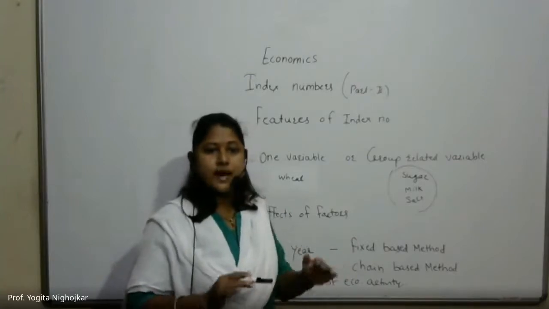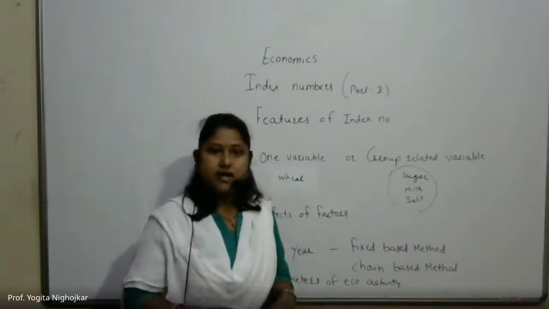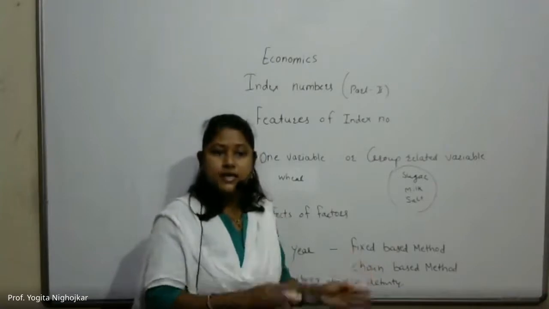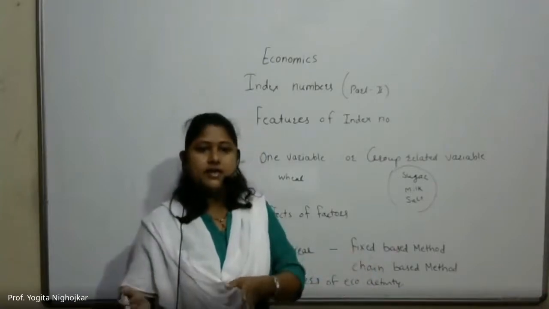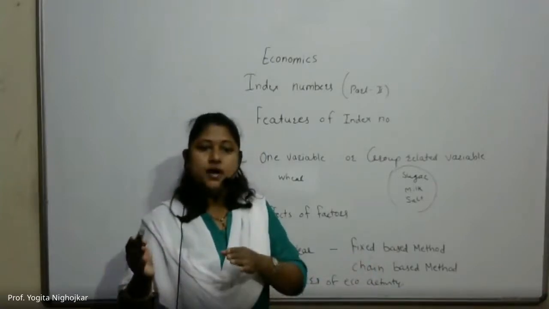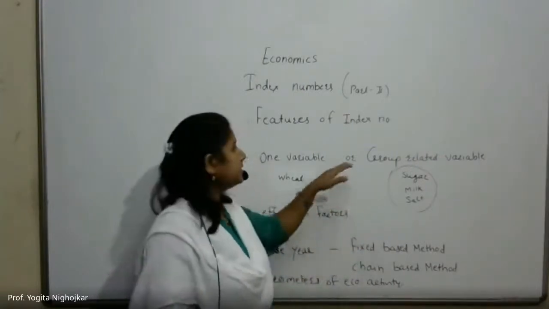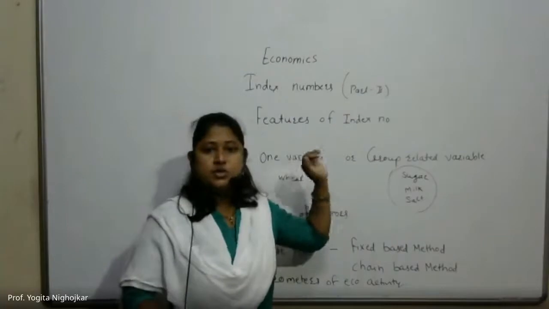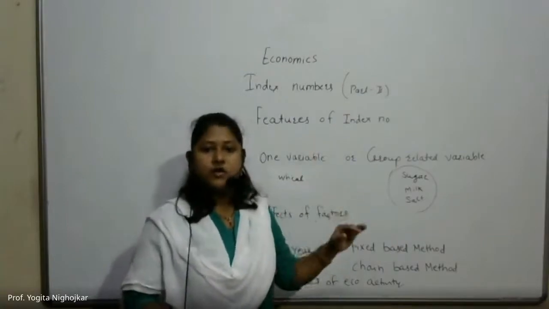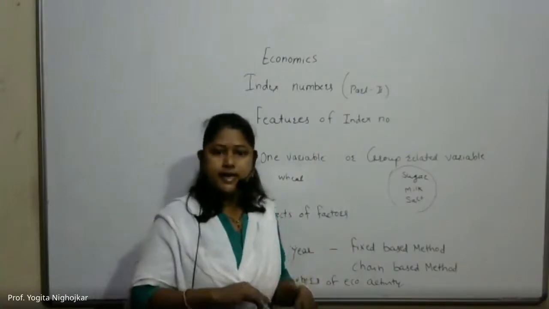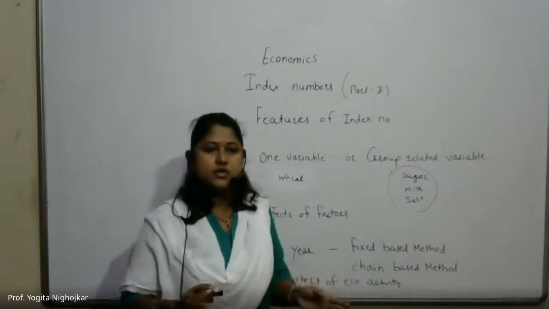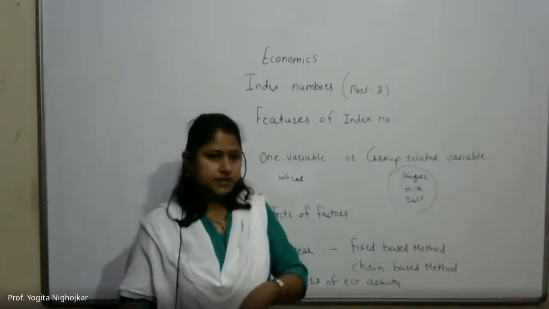For example, the price level in India in 1980 in comparison with that in other countries in 1980. So, the index number is used to compare the level of phenomena on a certain date with its level on some previous date, right?